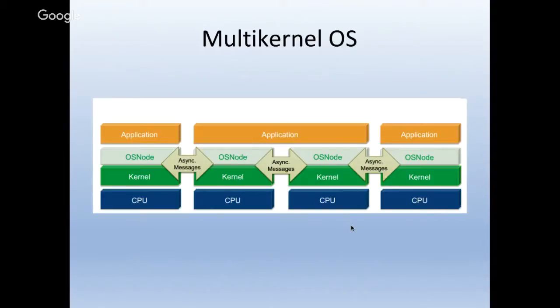We still have to run applications on top of that, and applications may share state between cores. Therefore, we replicate the state between cores using asynchronous message passing. However, a multikernel model is not enough for dealing with dynamic cores. So we still need to deal with the OS node.